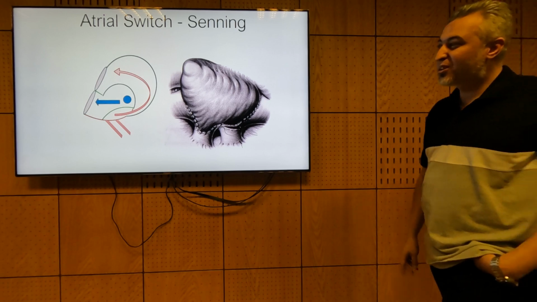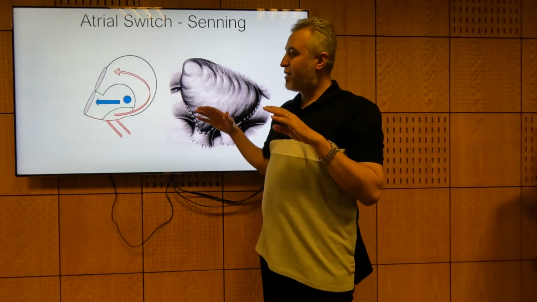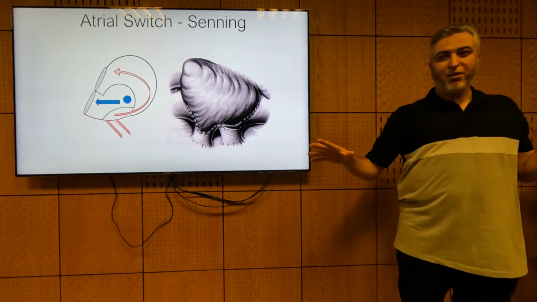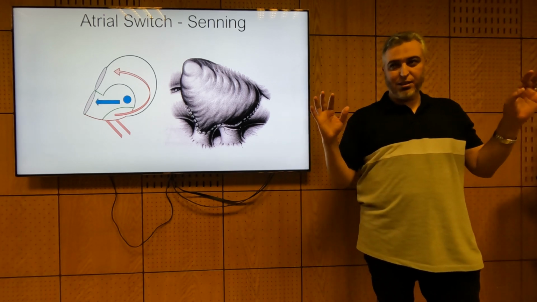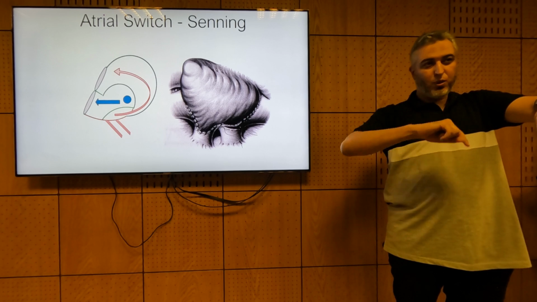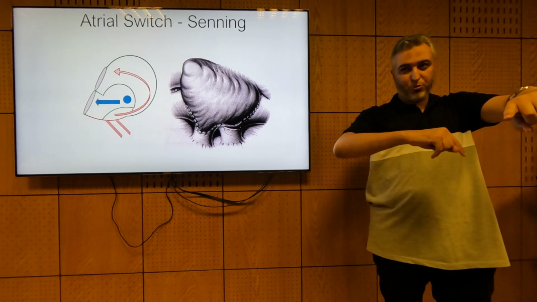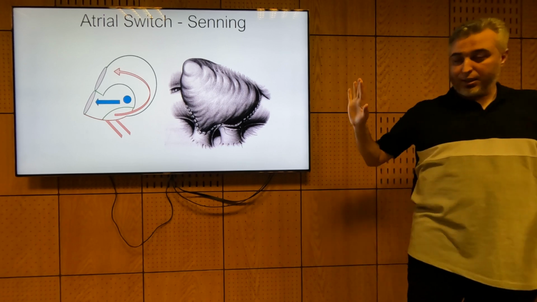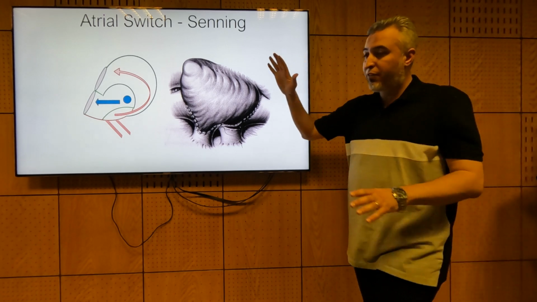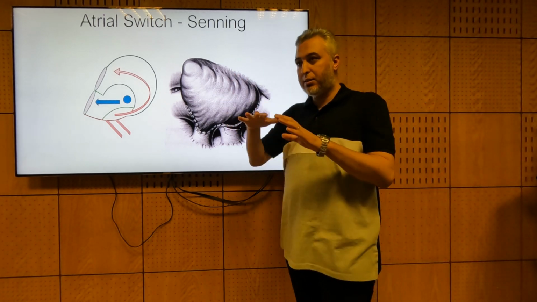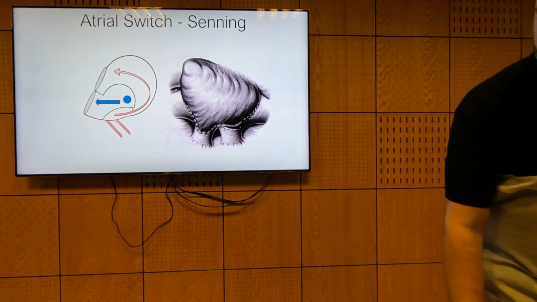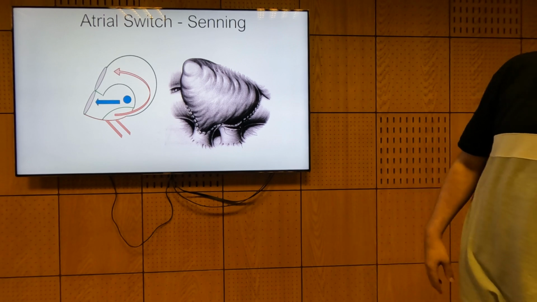So this is a technique to baffle systemic venous blood, SVC, IVC, into the mitral valve, while having the blood from the pulmonary veins outside that go into the tricuspid valve. And we're mainly using the free wall of the atrium and the atrial septum. So this was the Senning.